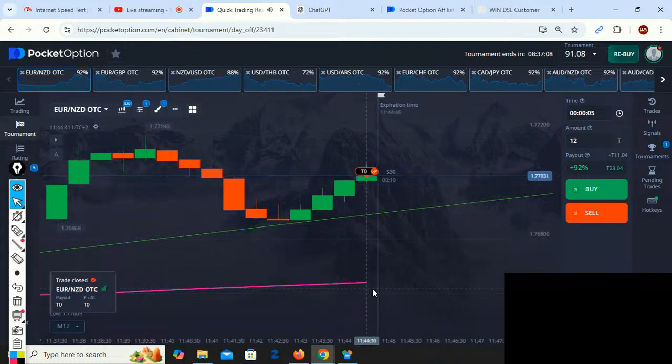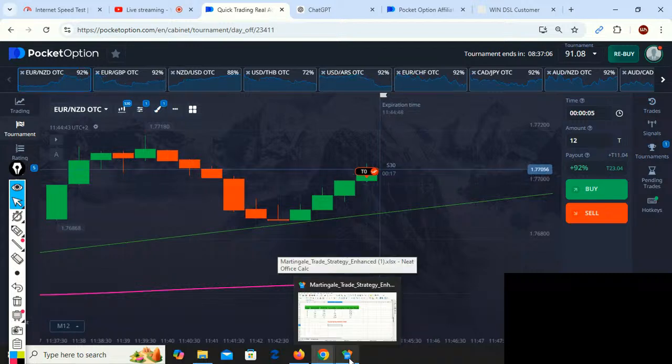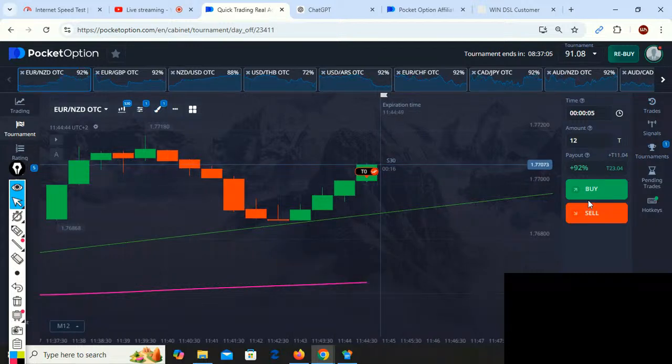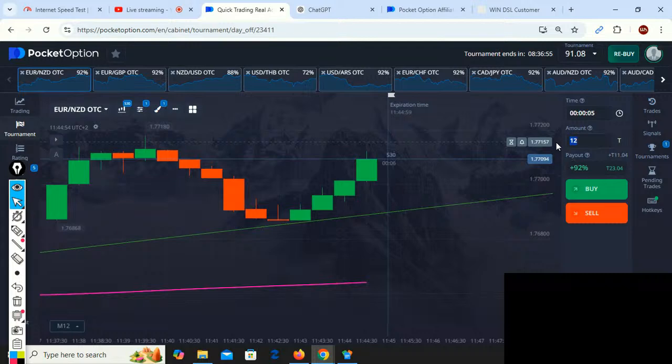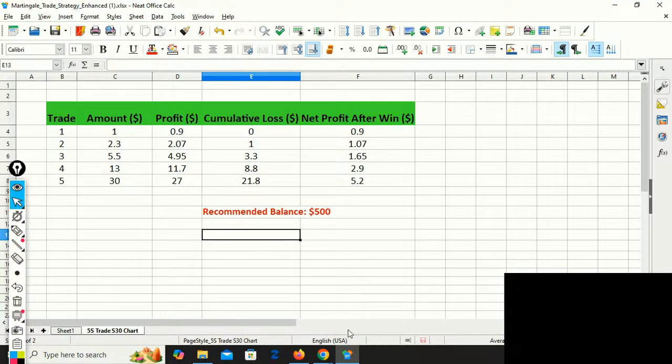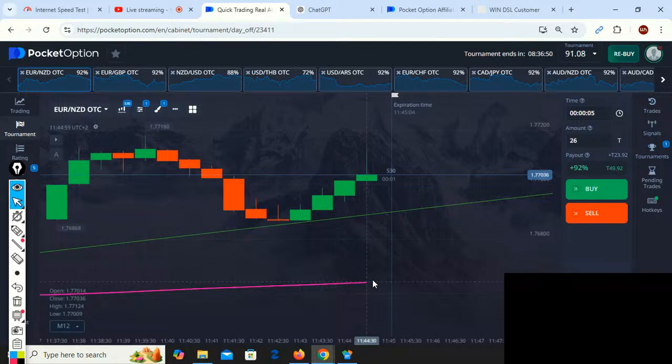And that's a loss. That's unfair. It was my mistake. I clicked twice on the previous pair. So now 12. I go for 26. I am changing a little bit the amounts you see on the sheet since we messed up the math.